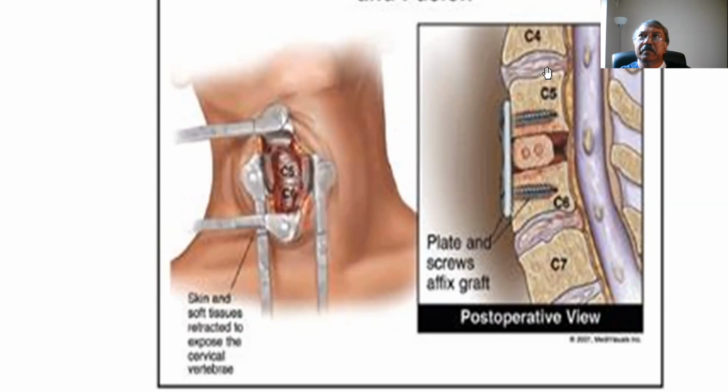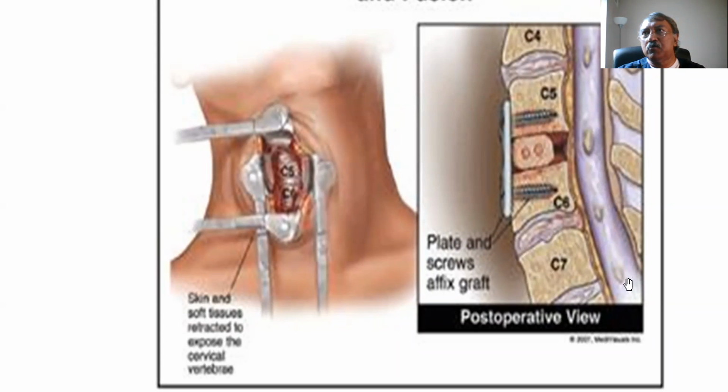This is the disc material up here, the light bluish color disc material. It is not really compressing against the nerve. This one is bad. He has taken out some of this disc material, and this area, the disc was really causing pressure.